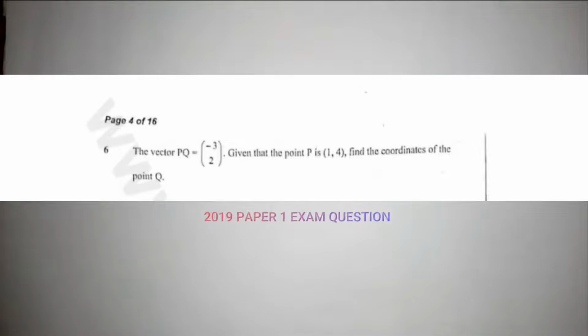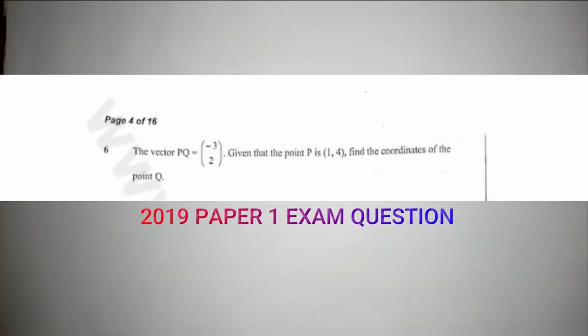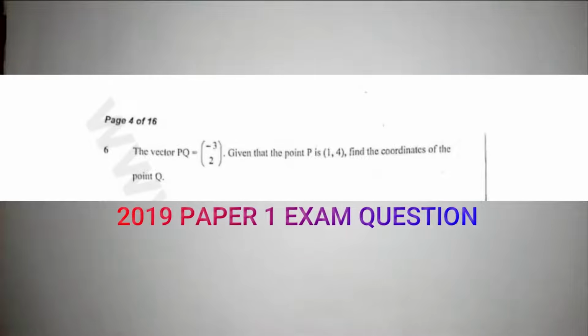So another example, this question came in 2019, where you're given the vector PQ is equal to (3, 2).